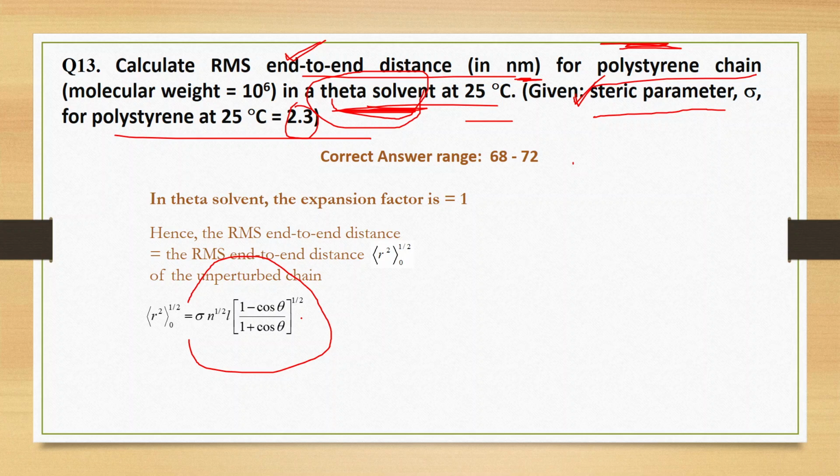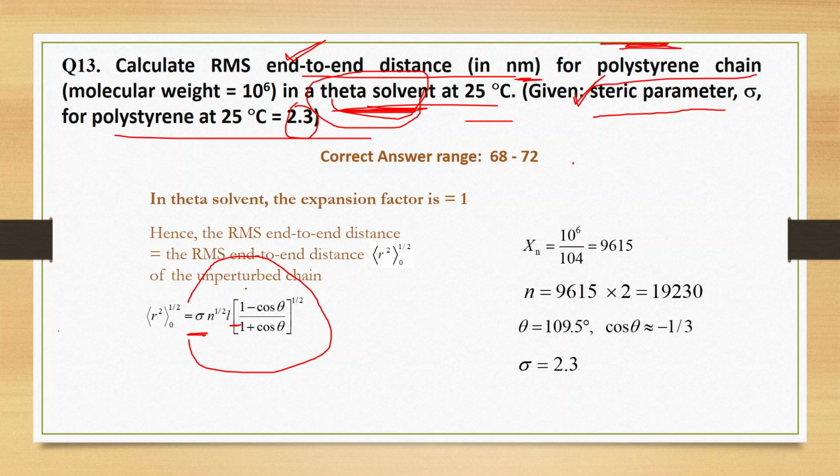If you look, you are supposed to know that it is equal to tan theta by 2. If somebody doesn't know, you can't do it. So if you do know, then you can just directly go to it. So let me just quickly show it. Fine, so you have your sigma value, the static parameter. You know your L value, that is 0.154.